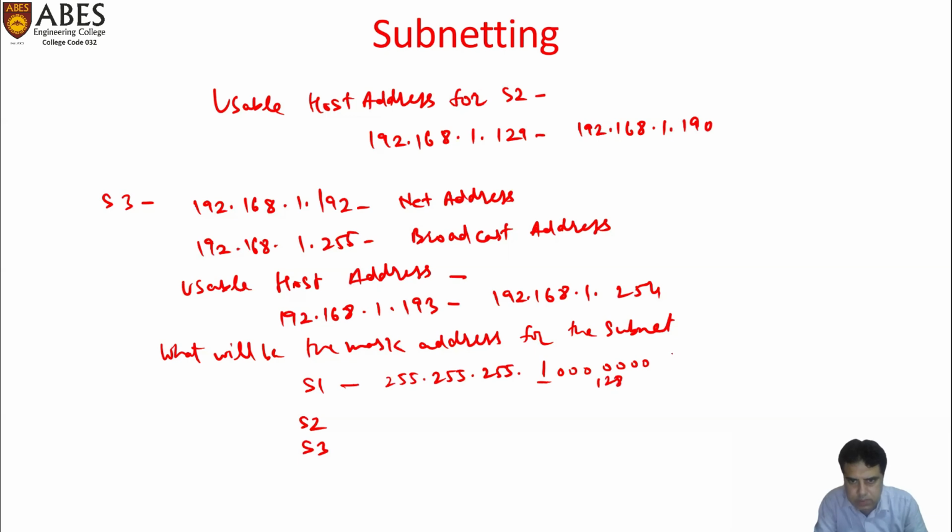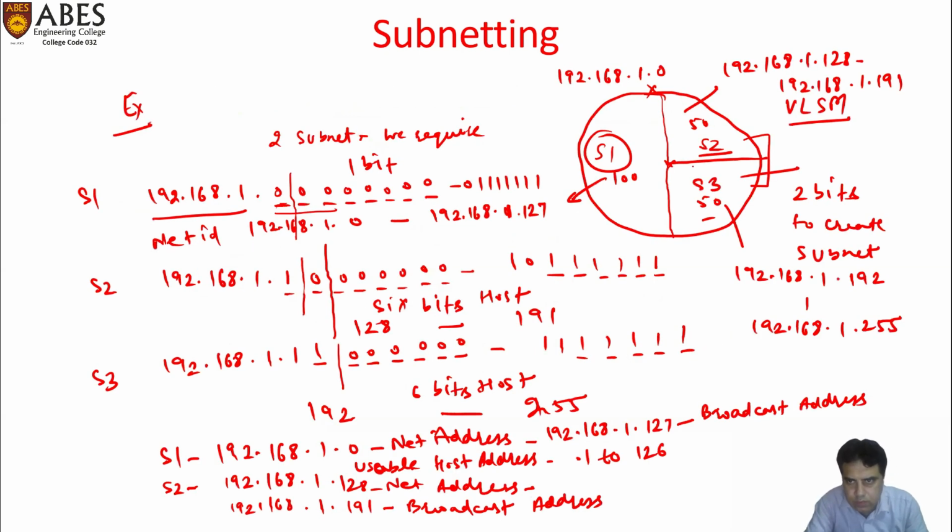Or we can represent this via CIDR notation: 8 bits, 8 bits, 8 bits, 24 plus 1, slash 25. So for S1 it is slash 25.